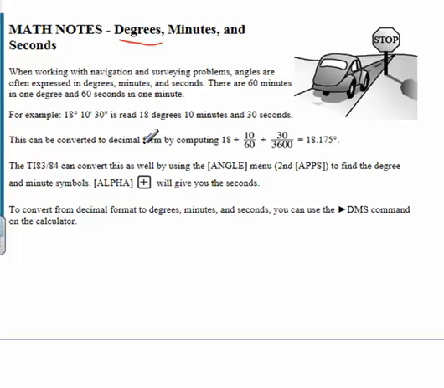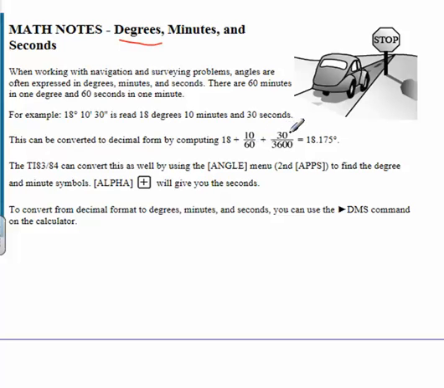Now this can be converted from degrees, minutes, and seconds into decimal form by computing each of these with their bases. So in this example, we're taking the whole number 18 and we're going to add to it 10 out of a total of 60 possible minutes. So 10 out of 60 minutes.